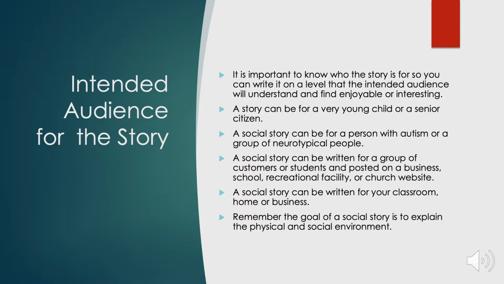It can be written for a group of customers or students and posted on a business, school, recreational facility, or church website. It can be written for your classroom, home, or business. Remember, the goal of a social story is to explain the physical and social environment.